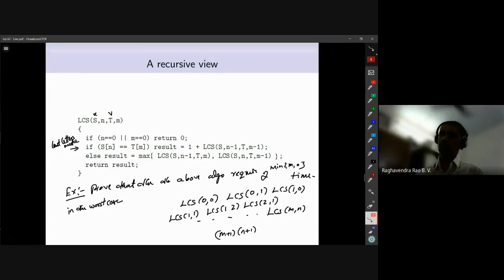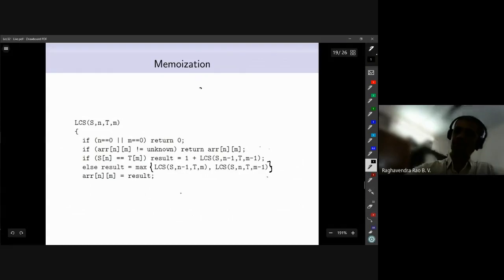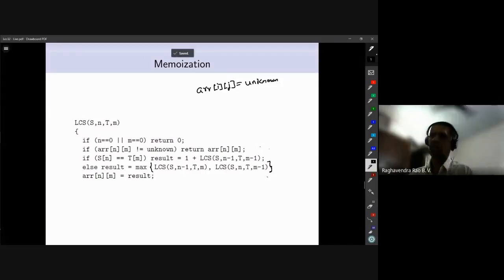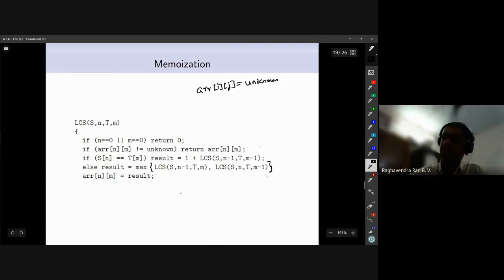So here is the implementation of it. We use an array n by m. We initialize these as unknowns initially. Some flag you can use, say -1, because you cannot have negative values for a common subsequence length, so you can set it as -1. Now you just put this check. If the value is not unknown, that means it has been computed previously.